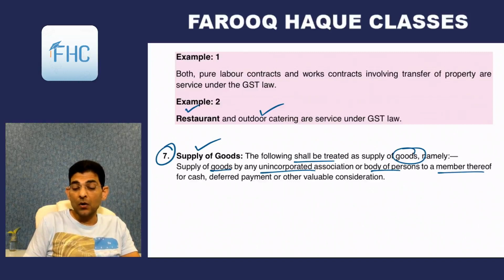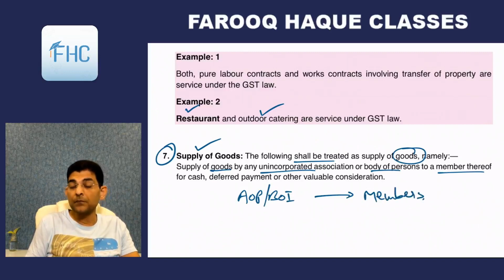This is what we can say AOP or BOI, which we have established. It supplies the goods to its members only. Like, for example, a consumer cooperative buys consumer goods in bulk and supplies them to their members only. Still, it will be considered as supply of goods and liable to tax.